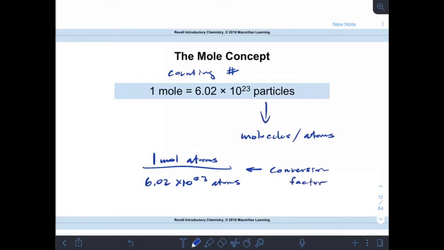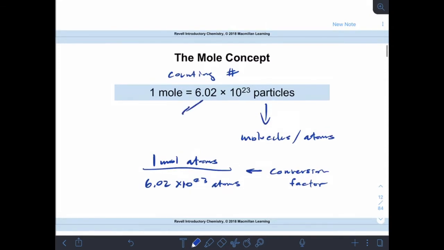And that's very important because if it's a conversion factor, I can flip it to put Avogadro's number on the top and moles on the bottom, or moles on the bottom and Avogadro's number on the top. Okay, and I should have mentioned that, if you missed that in the lecture, that number, 6.02 times 10 to the 23rd, is called Avogadro's number.